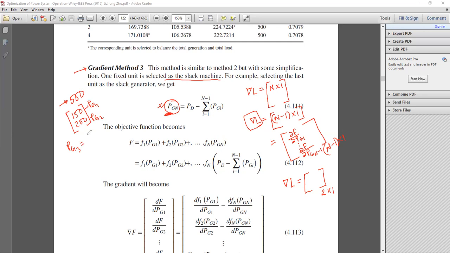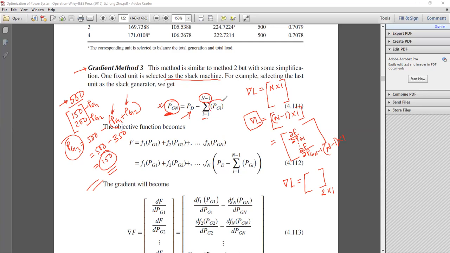You can easily calculate PG3: 500 minus (PG1 plus PG2), isn't it? So 500 minus 350, it is going to be 150, and power balance is also satisfied. You get the idea? So you have to sum up from i equals 1 up to not n, but n minus 1. So that is 1 and 2 for a 3-unit system. Demand is as it is, 500.